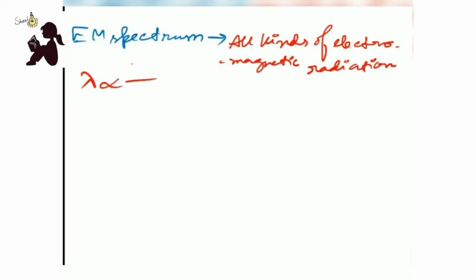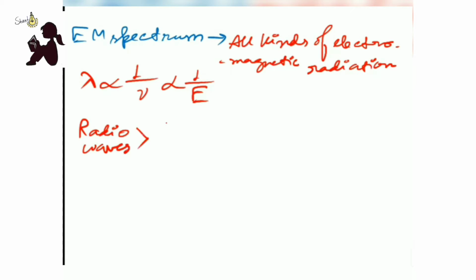So first we have to know some basic things, that wavelength is inversely proportional to frequency and inversely proportional to its energy. So there is a series that comes in it very often according to its wavelength.